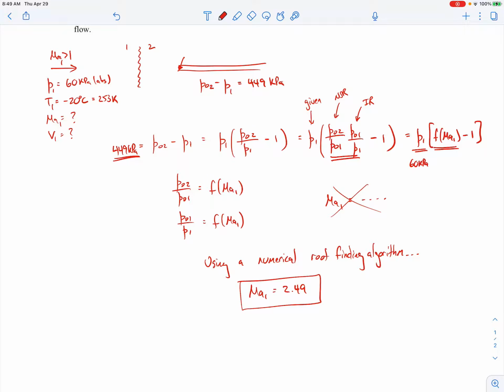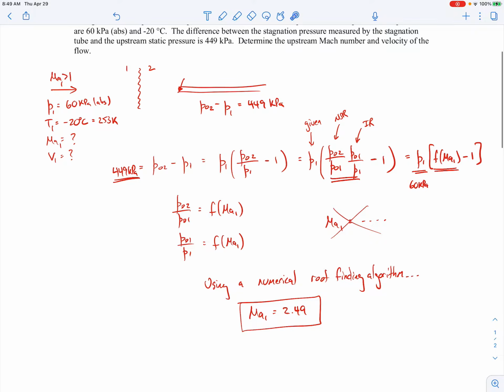Okay. So to find that, just to recap very quickly, the way we did that is we recognized that there has to be a shock wave separating the upstream supersonic flow and the stagnation conditions here because there's no throat in between. And then we wrote the P02 minus P1 because that's what connects the information across the shock wave in terms of some ratios that involve the upstream Mach number. So that's this part right here.